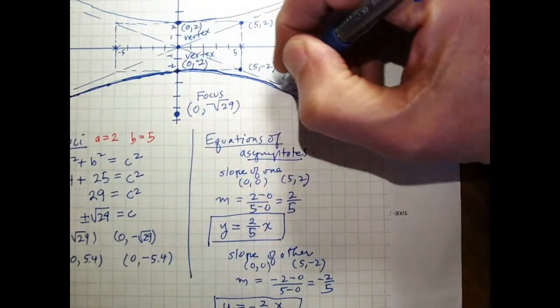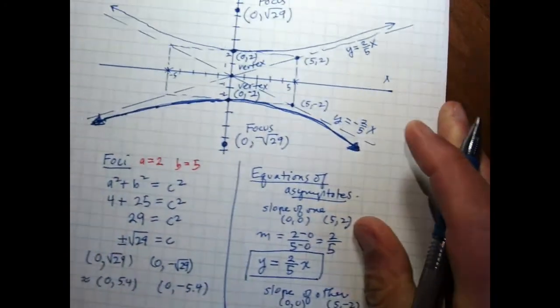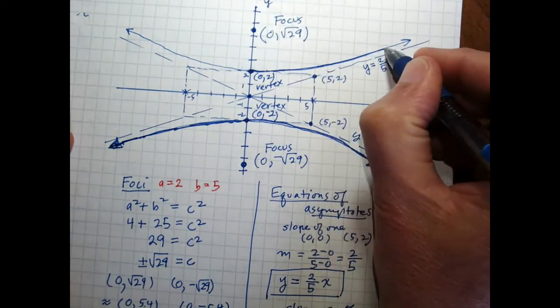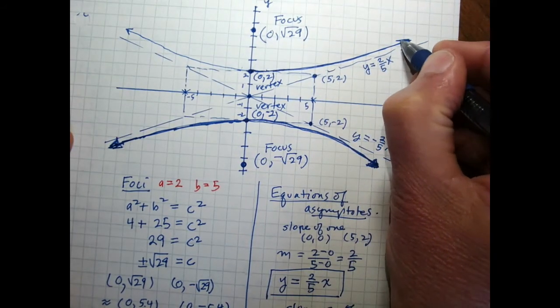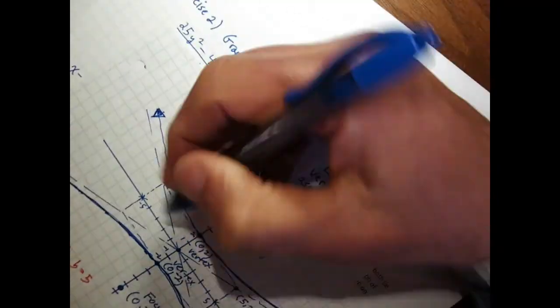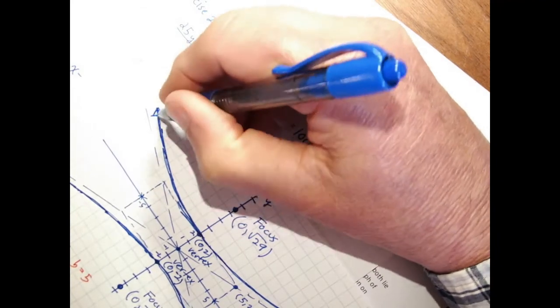The actual hyperbola is this kind of stretched out, overturned U shape, and a U shape up above, again stretched out because of the way the asymptotes are.